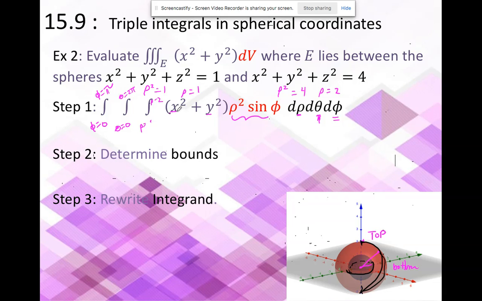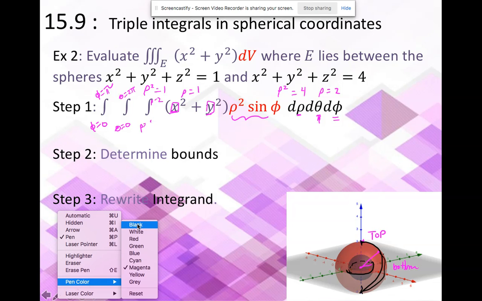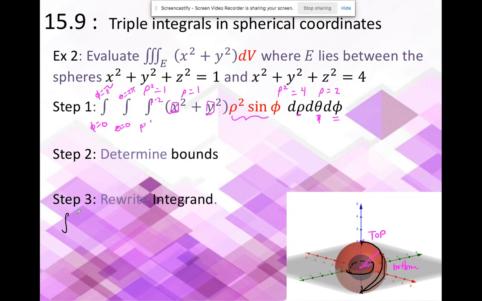Now I'm going to replace the x and replace the y. Pay the price: d rho, d theta, d phi.